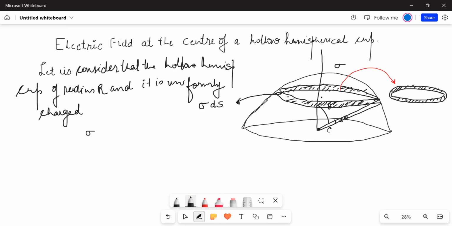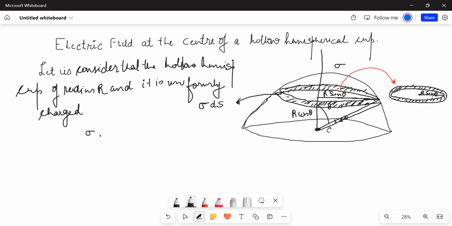If this is theta, then this distance from the center can be simply written as r cos theta, and this radius can be written as r sin theta. So the ring that you are seeing here is of radius r sin theta.